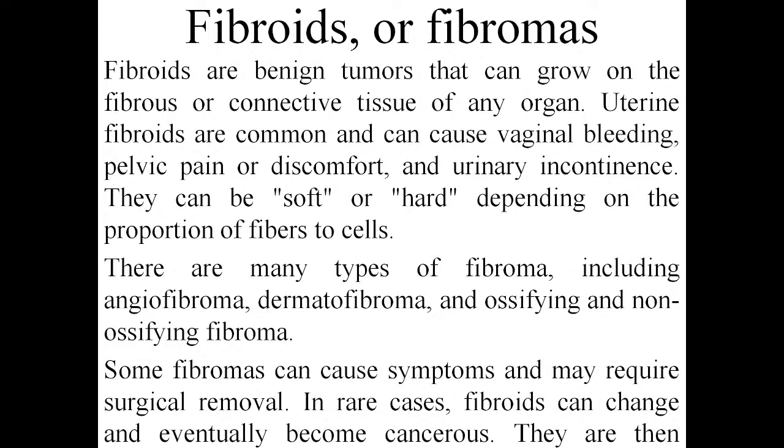Uterine fibroids are common and can cause vaginal bleeding, pelvic pain or discomfort, and urinary incontinence. They can be soft or hard, depending on the proportion of fibrous tissue to cells.